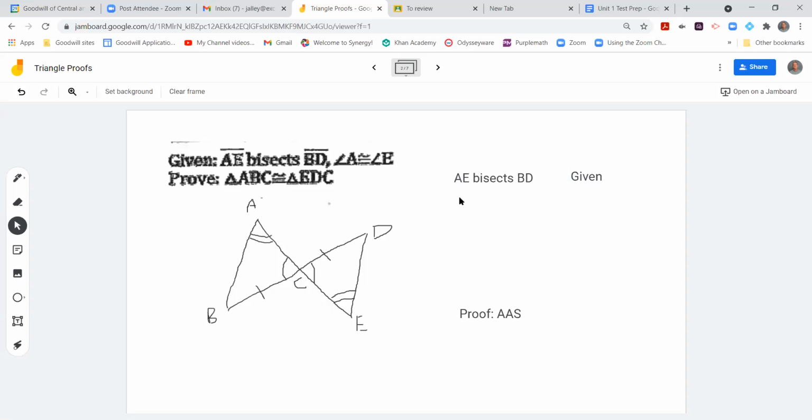And before I even got to the vertical angles, I was able to say that BC is congruent to CD, because of the definition of bisect.